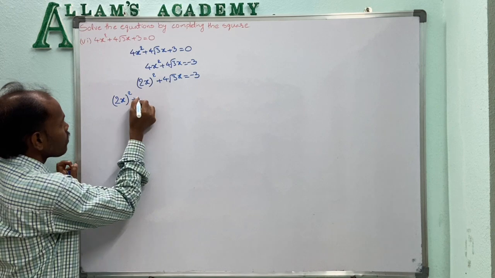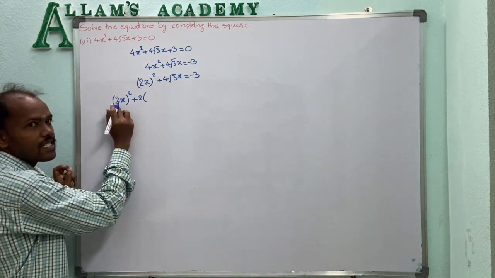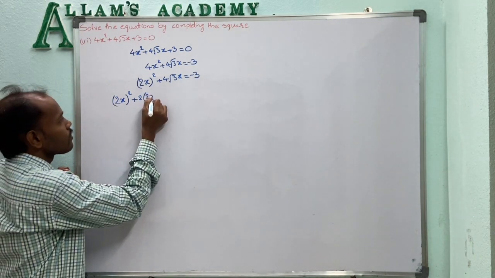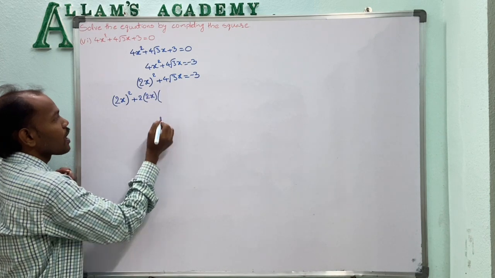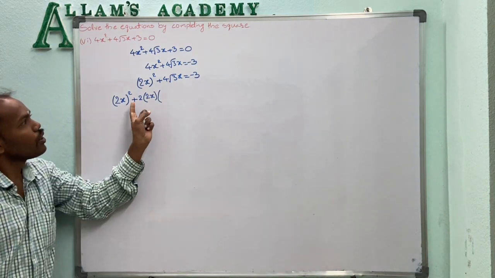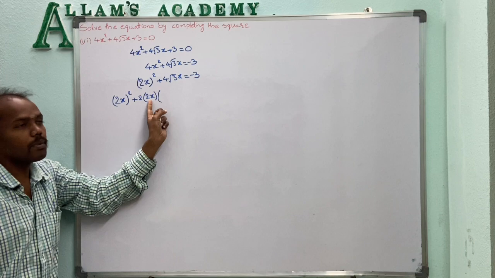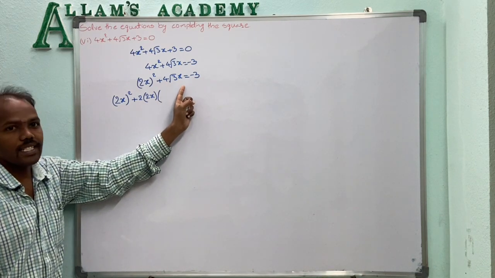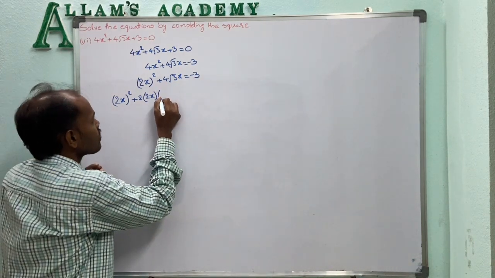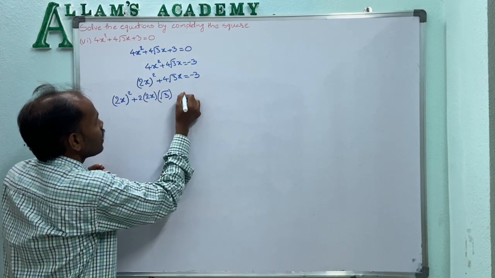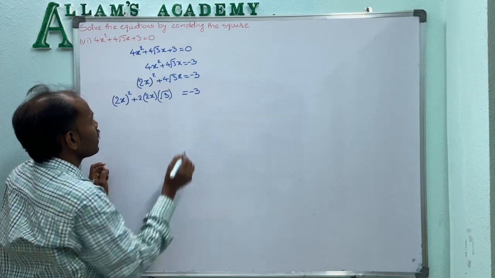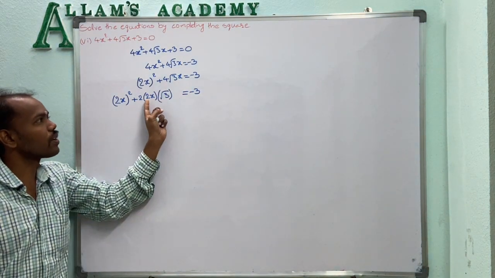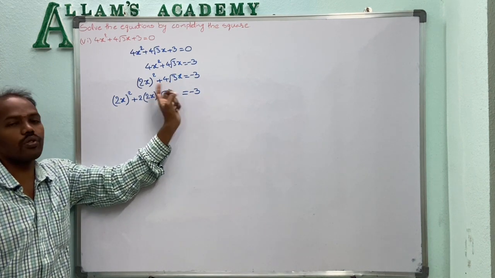plus the 2ab term: 2 into a, that is 2x, into the b term. So here 2 into 2x is 4x, and the extra one is √3, so 4x into √3 is 4√3x, equal to -3.